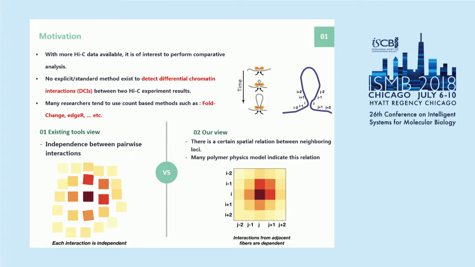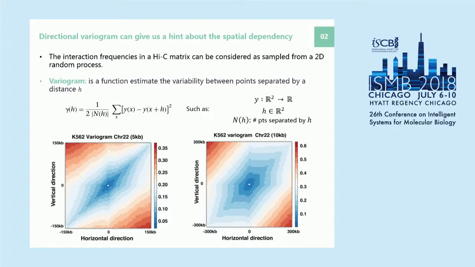But we know from polymer physics simulation and from the exclusion model that a change in the interaction frequency between two loci has an influence on the neighboring interactions. And this dependency between the neighboring loci can be checked using what we call the directional variogram, which is a function that measures the variability between points separated by a distance h.